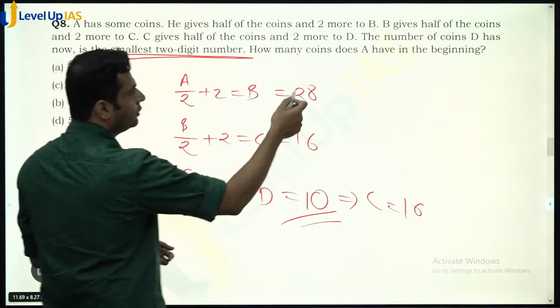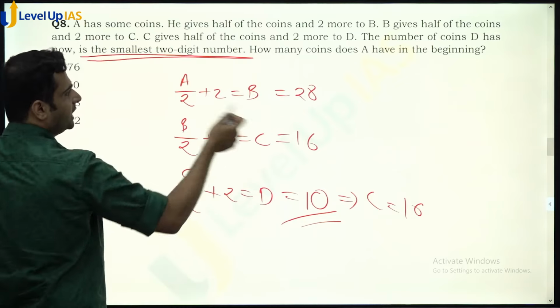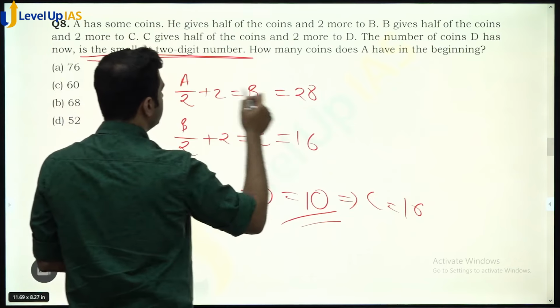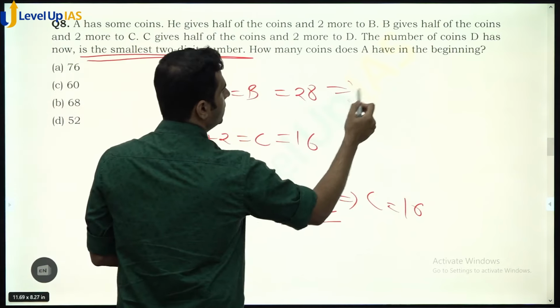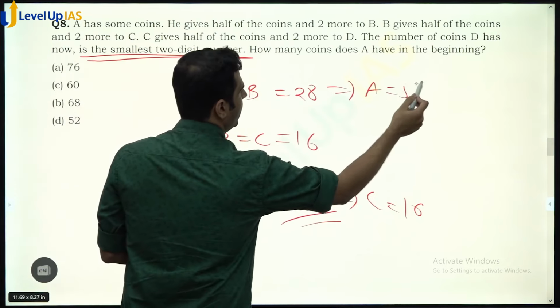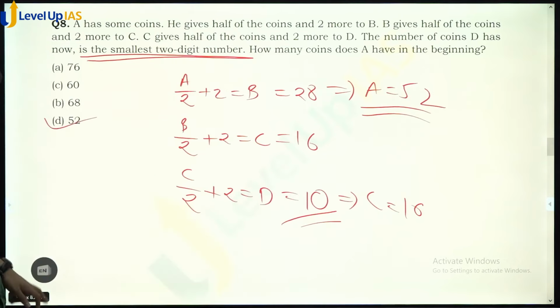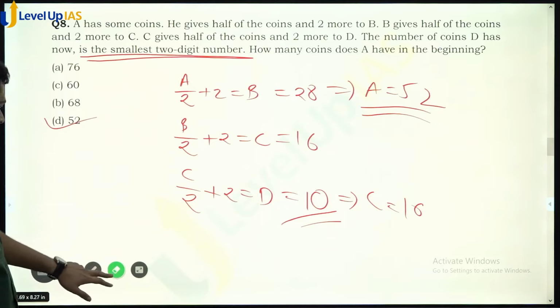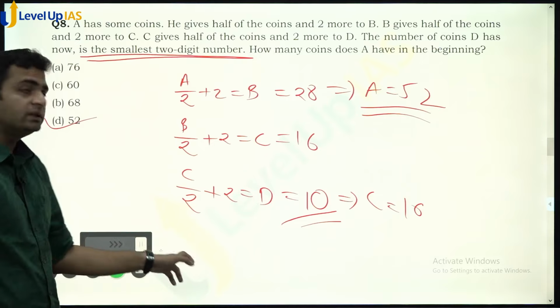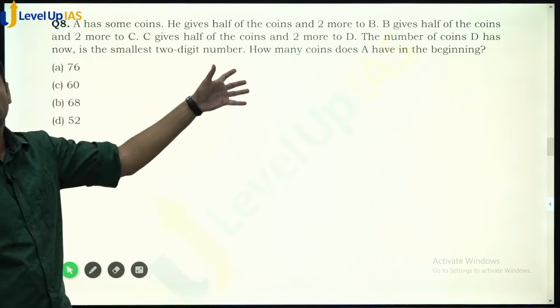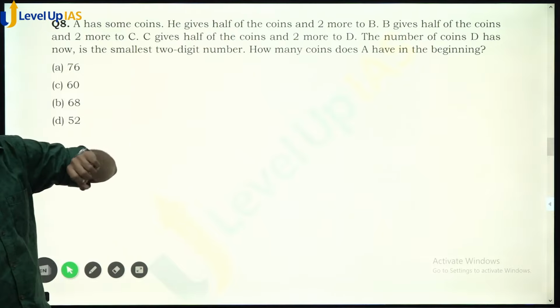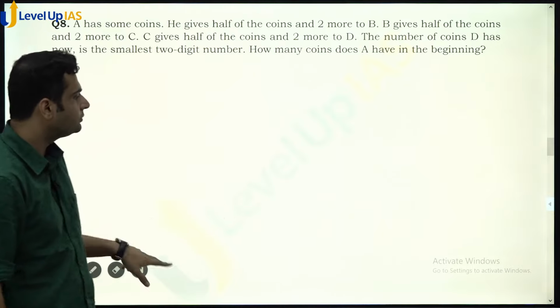Minus 2, 14 into 2, 28. And if B is 28, what is A? Minus 2, 26 into 2, which implies A is equal to 52. I did nothing. I just solved the equations that are coming up, and answer is here 52. Only skill that was required is to convert this word problem into equations.